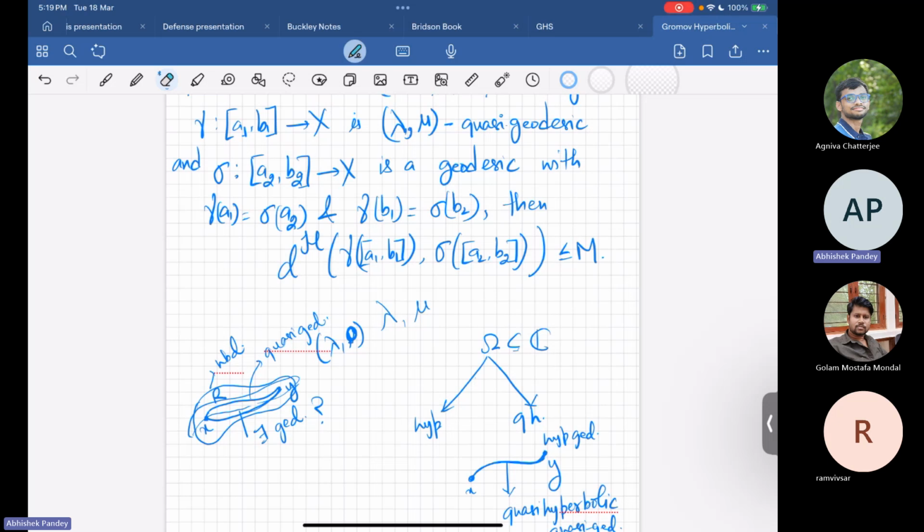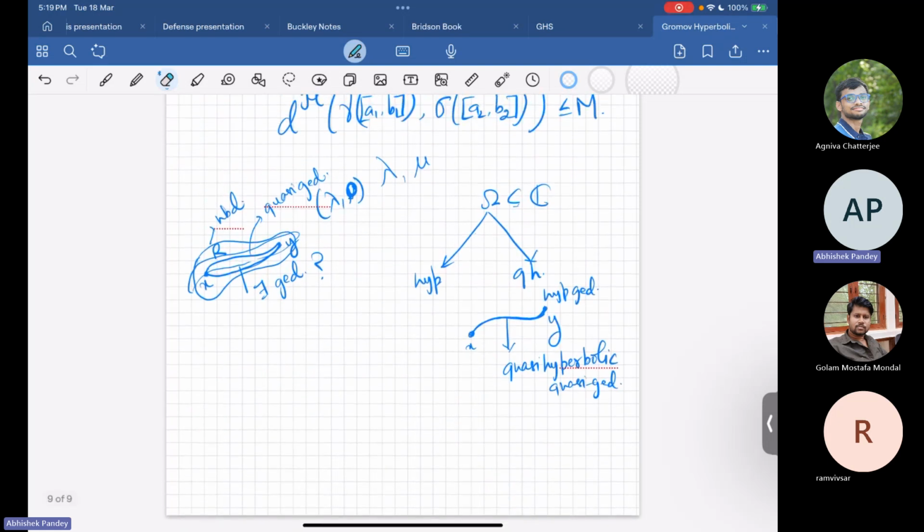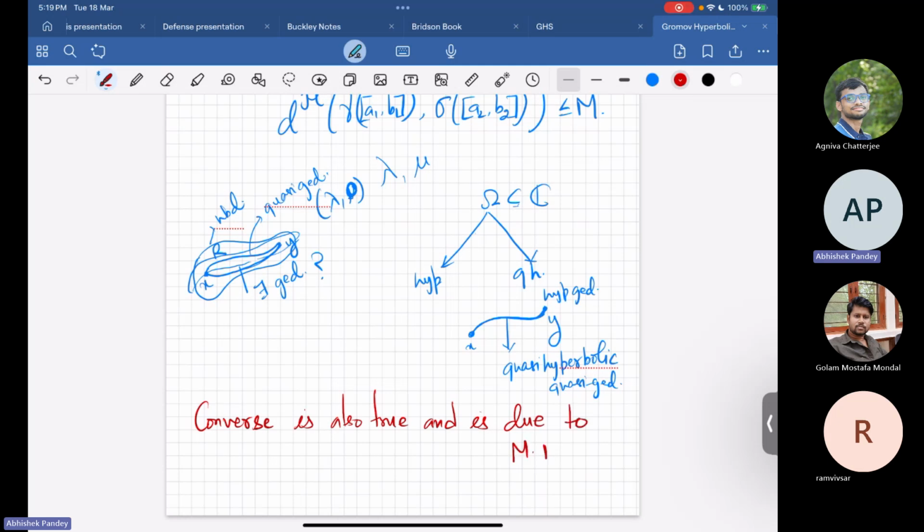This means the geodesic stability criterion characterizes Gromov hyperbolicity. Gromov hyperbolicity gives geodesic stability, and geodesic stability gives delta hyperbolicity. So the converse is also true. This is a result by Bonk.